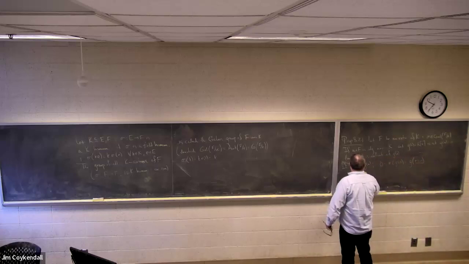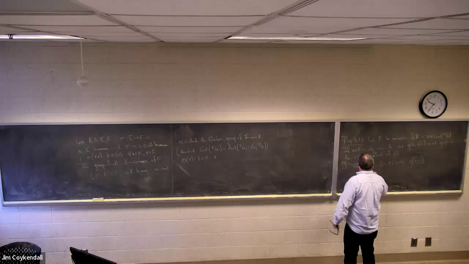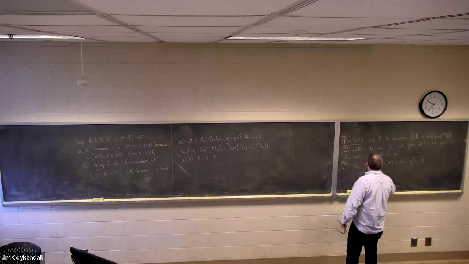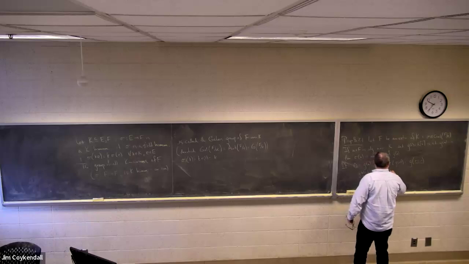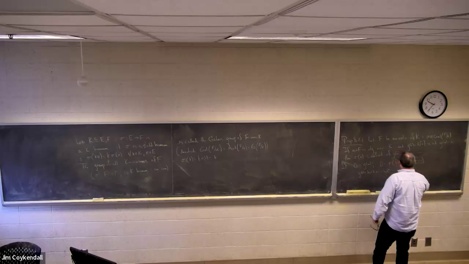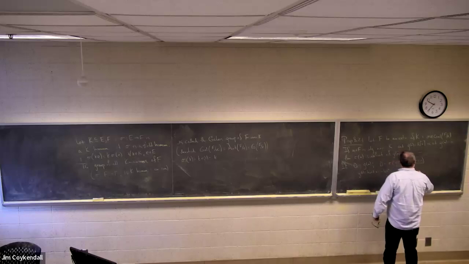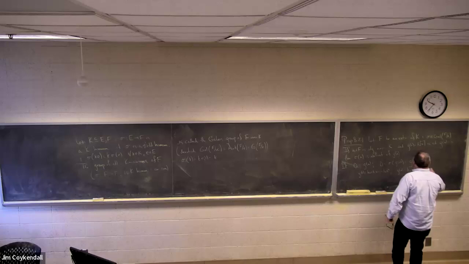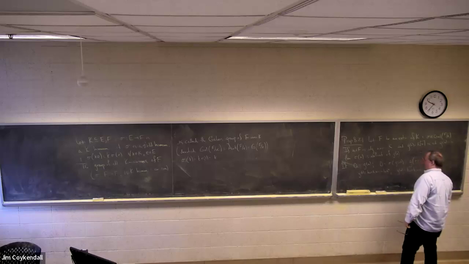If g of x is k0 plus k1 x plus ... plus kn x^n, then g of u is k0 plus k1 u plus ... plus kn u^n.